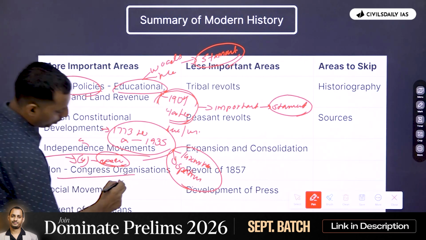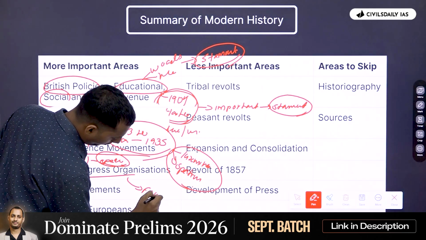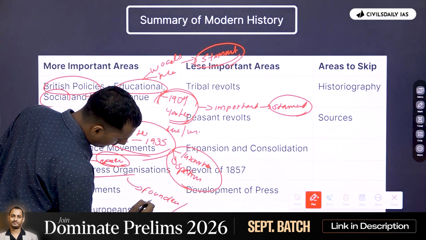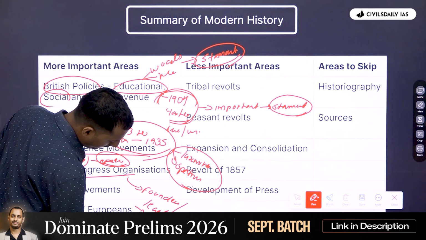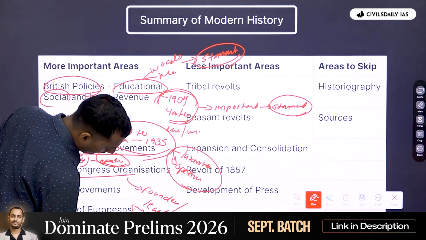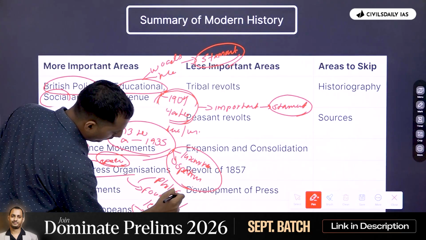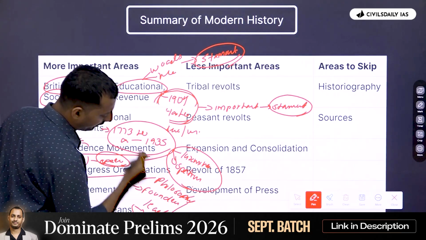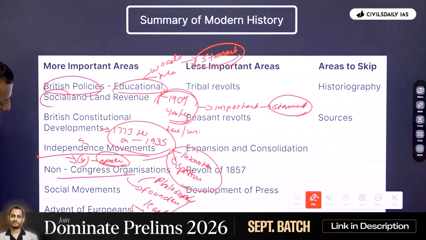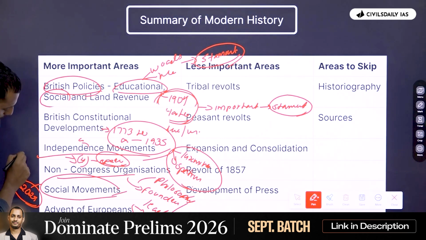Non-Congress organizations are most important: go for the founders and important leaders, area of influence, time period, and their philosophy. Were they secular? Were they conservative? Were they progressive?